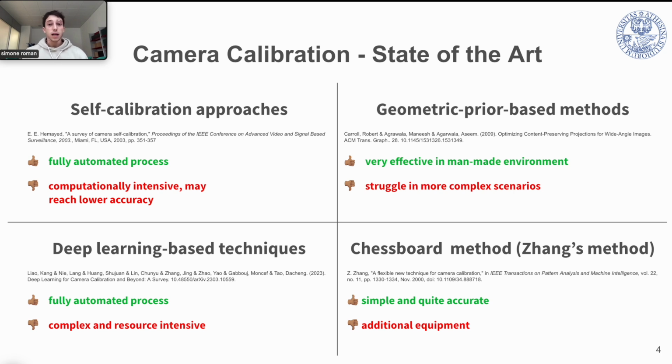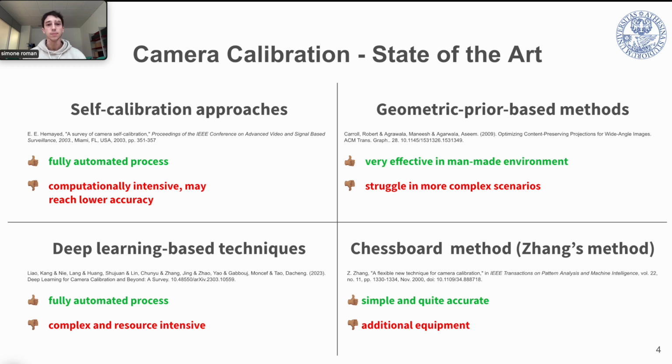For the state-of-the-art of camera calibration, there are 4 main methods. The first is self-calibration approach. This method doesn't rely on any external reference object, but it simply uses the scene itself to estimate the camera parameters. So, these have the pro to be fully automated, but as a disadvantage, it is computationally expensive and usually it has lower accuracy.